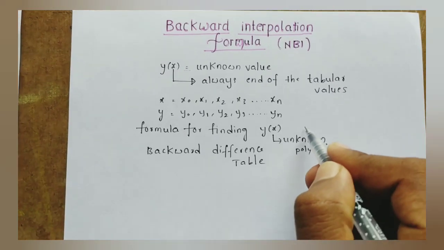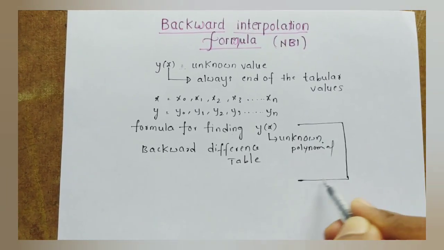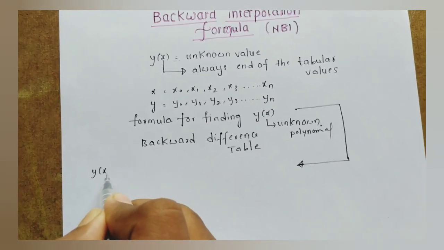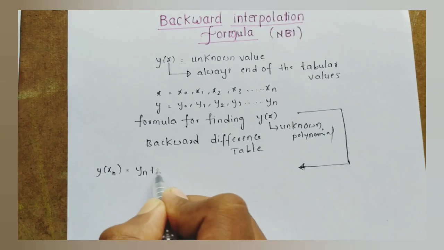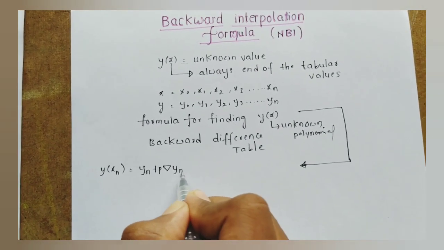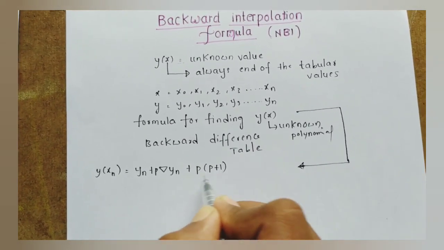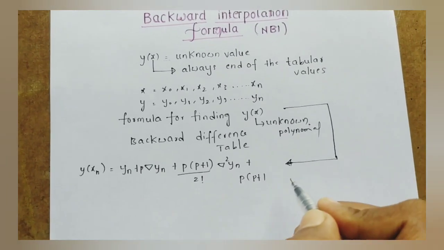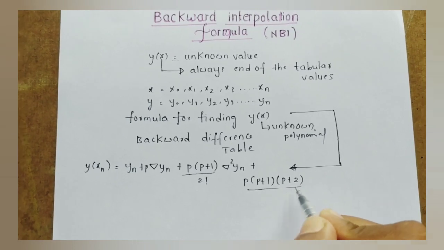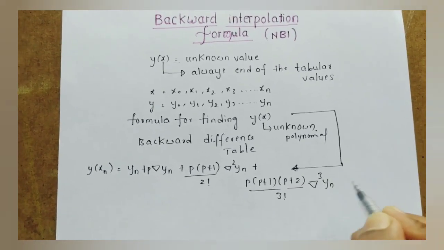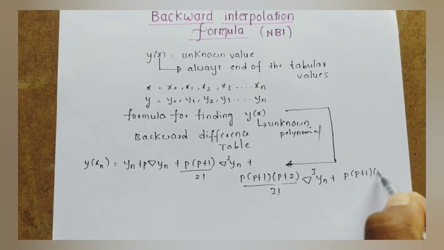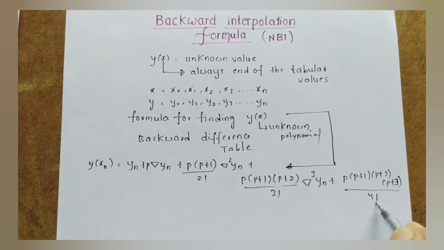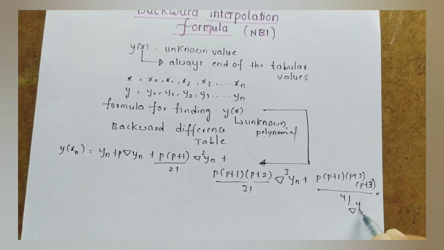Here the formula for finding the backward interpolation polynomial, by using backward interpolation for finding y of x, is: y of x equals yn plus p into del yn, plus p into p plus 1 by 2 factorial into del square yn, plus p into p plus 1 into p plus 2 by 3 factorial into del cube yn, plus p into p plus 1 into p plus 2 into p plus 3 by 4 factorial into del power 4 yn.